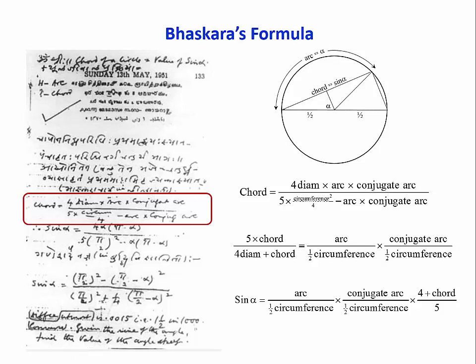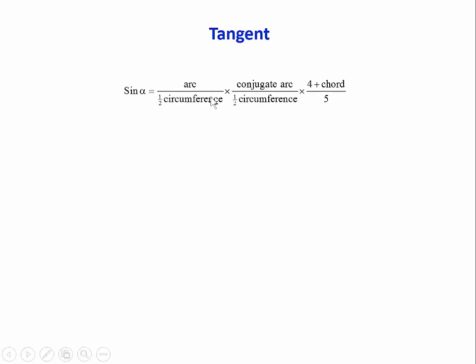So we could apply that method to, say, finding a formula for tangent. So this is the equation we just had, in which the product of these two fractions gives you an approximation to sine alpha, and this factor here increases the accuracy. So suppose we start off with alpha over 90 minus alpha as an approximation to tan alpha, where alpha is in degrees.